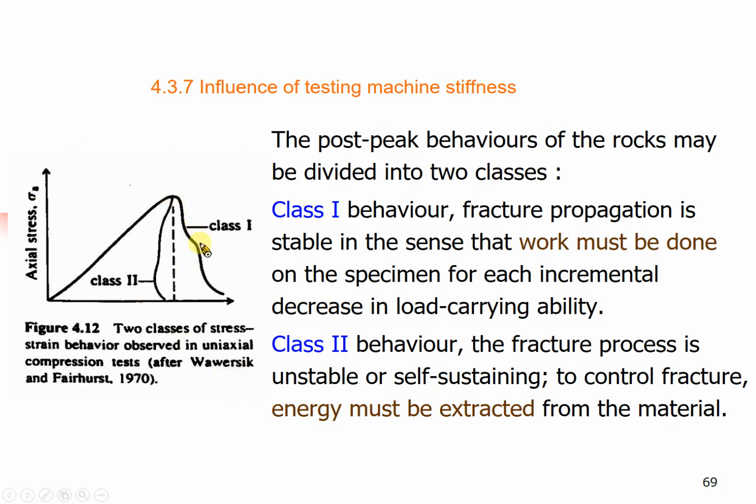This will be the class 1, and this will be class 2. I already showed you. This will be the difference of the post-peak behavior. So when we talk about the complete stress strain curves, actually we are trying to talk about the post-peak behavior. Okay?